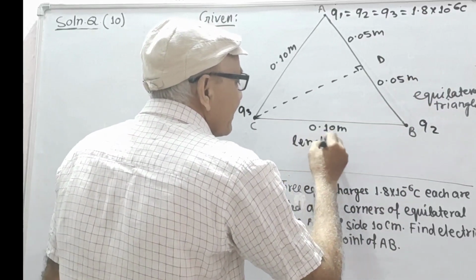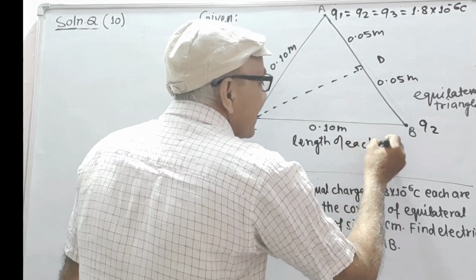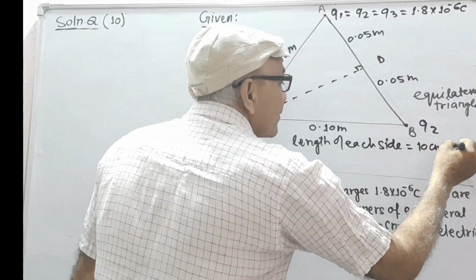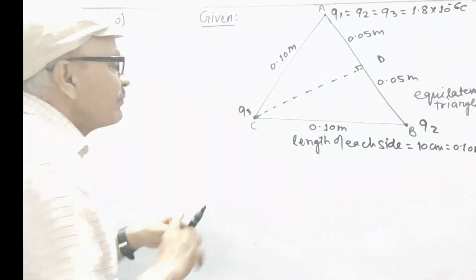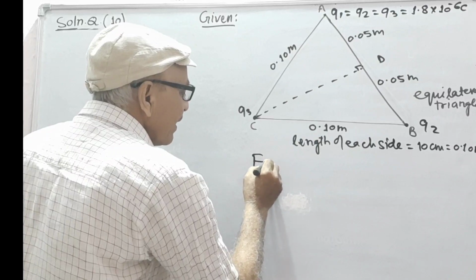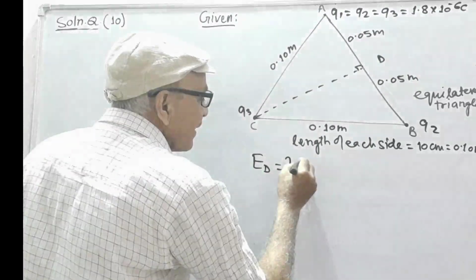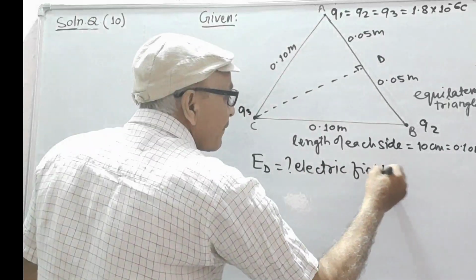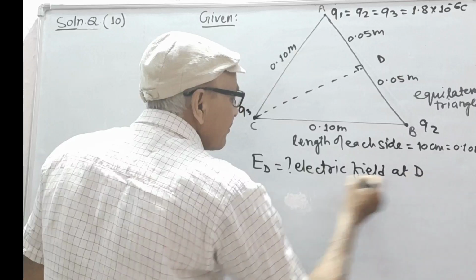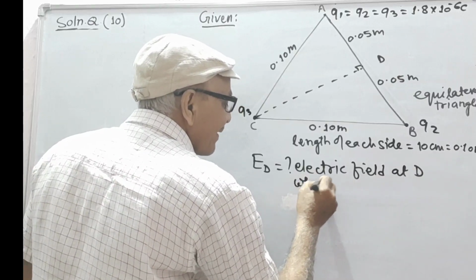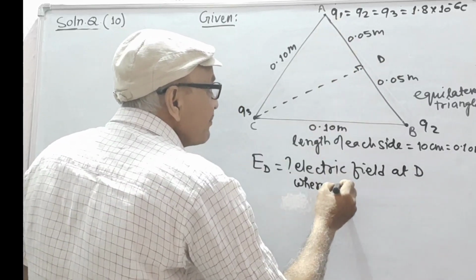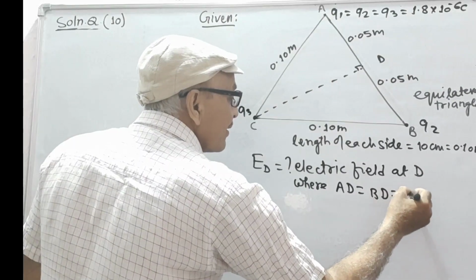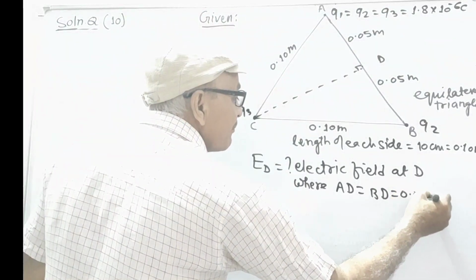Length of each side is 10 cm, which is 0.1 meter. So we have to find E at D, which is electric field at point D, where D is midpoint, means AD will be equal to BD is equal to 0.05 meter.